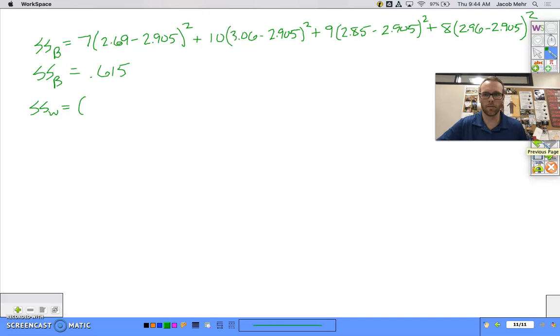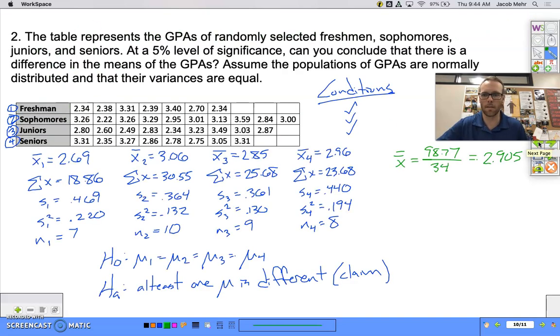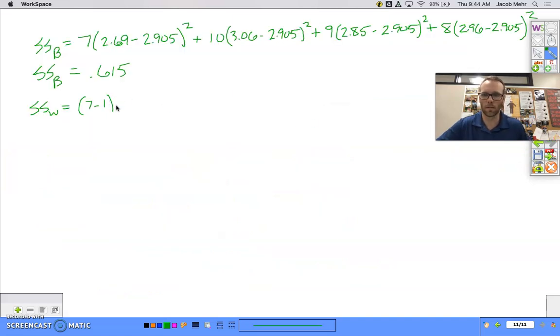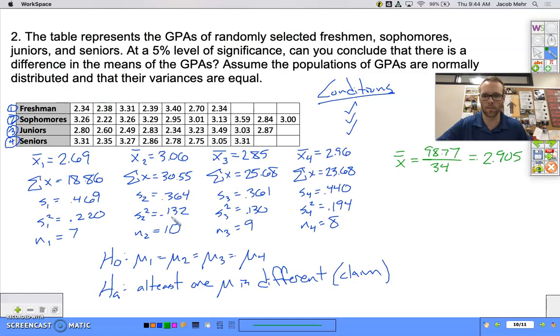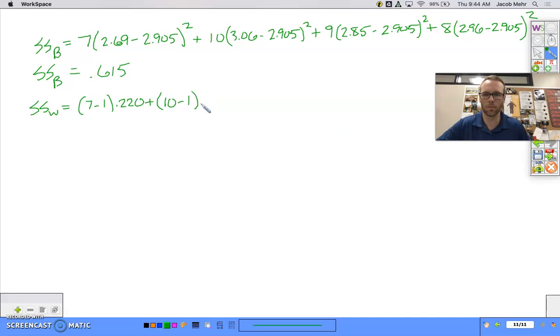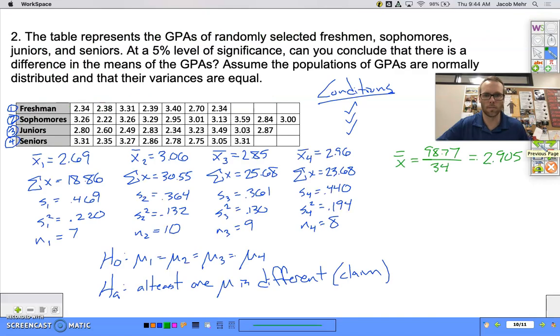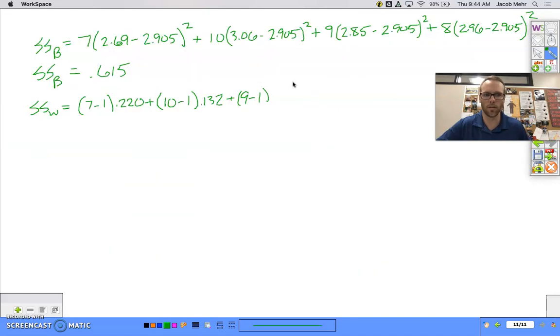First one, the sample size was 7, so we're going to do 7 minus 1 times the variance, 0.220, plus next one, sample size was 10, so 10 minus 1 times its variance, 0.132, plus next sample size was 9, so 9 minus 1 times the variance, 0.130.